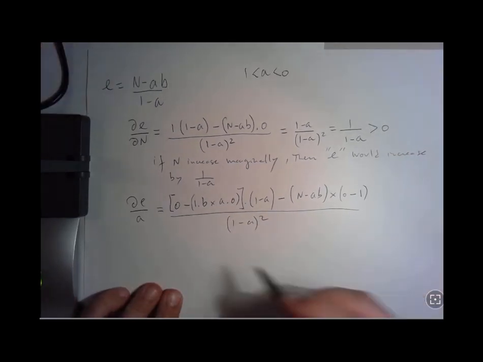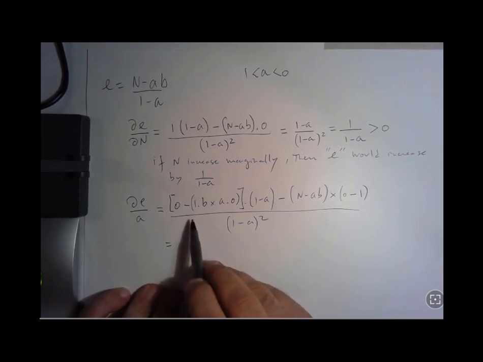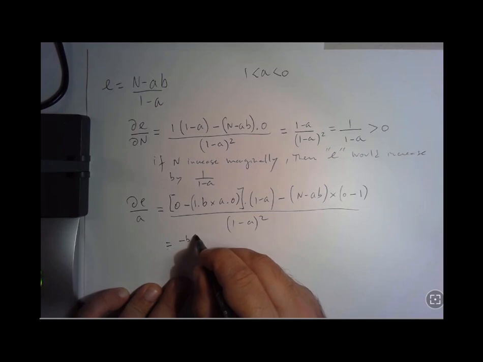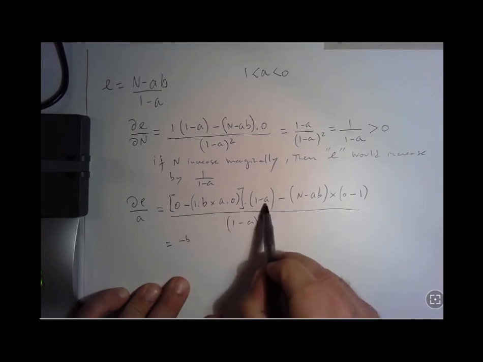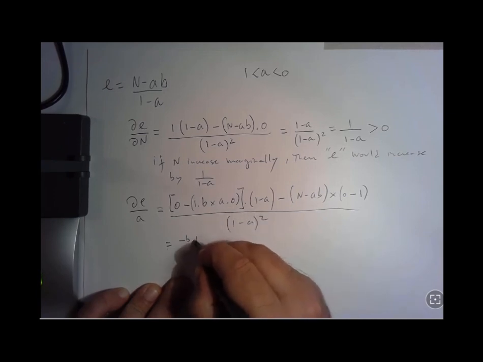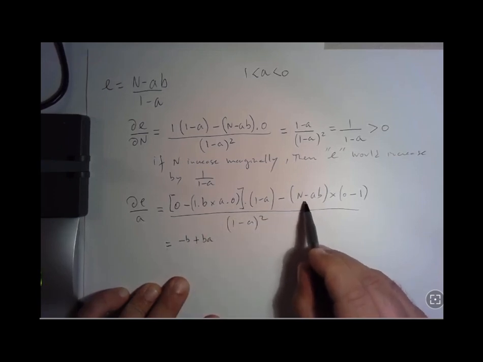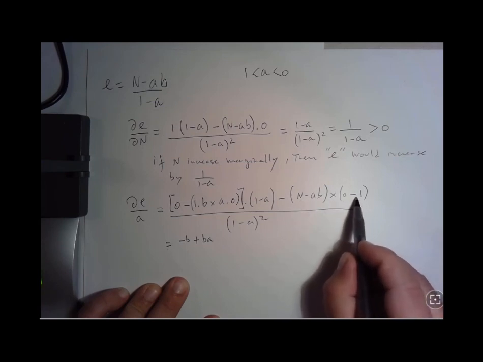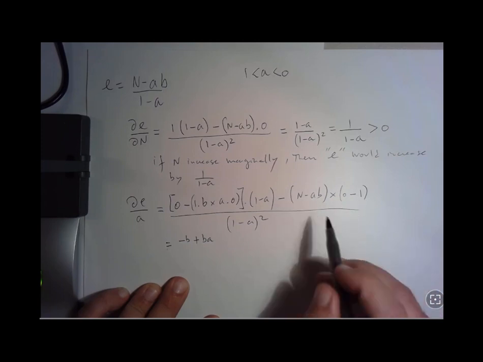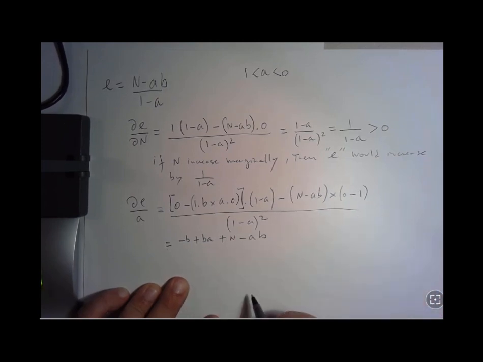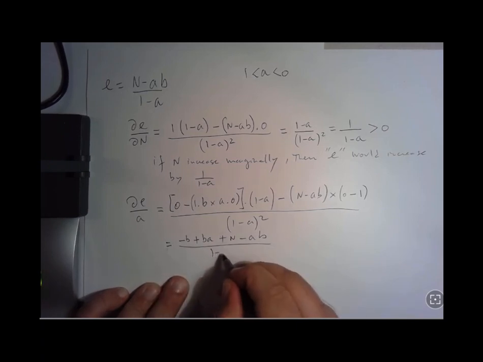So let's break this down. What we're going to have here is minus B times 1, and then minus B times minus A, so that gives plus BA. And here we're going to have minus 1 times this stuff, so that minus turns into a plus, so plus n minus AB, divided by 1 minus A squared.